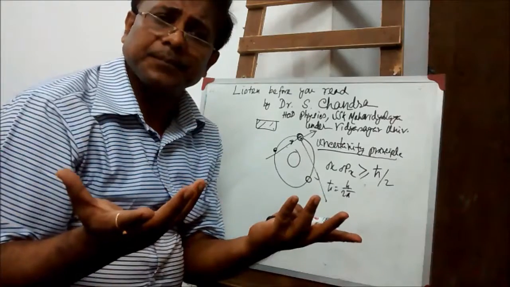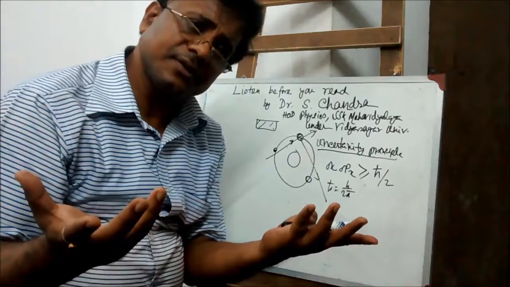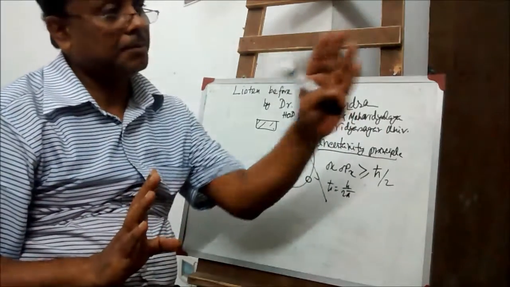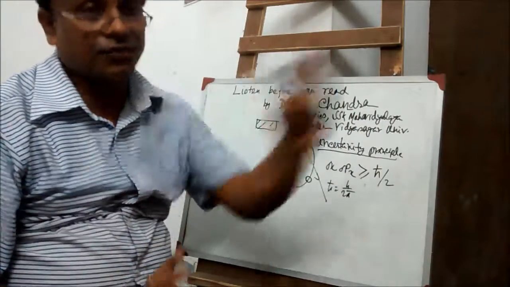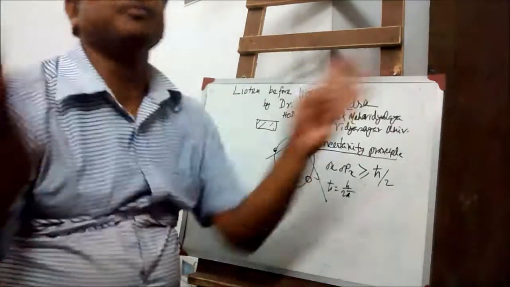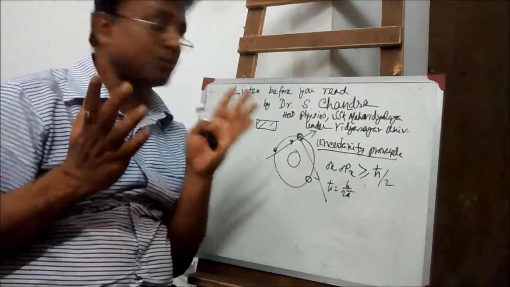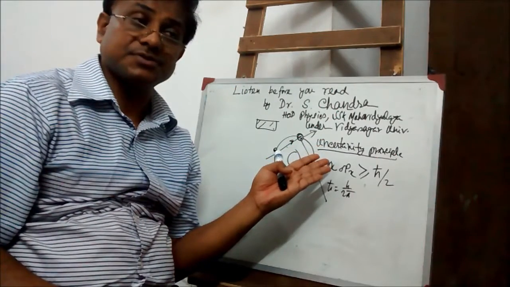You cannot locate the position. So the whole system of Bohr's theory, Niels Bohr theory, Rutherford theory, and Sommerfeld theory, everything goes in vain. Everything becomes fruitless when the Heisenberg uncertainty principle comes.